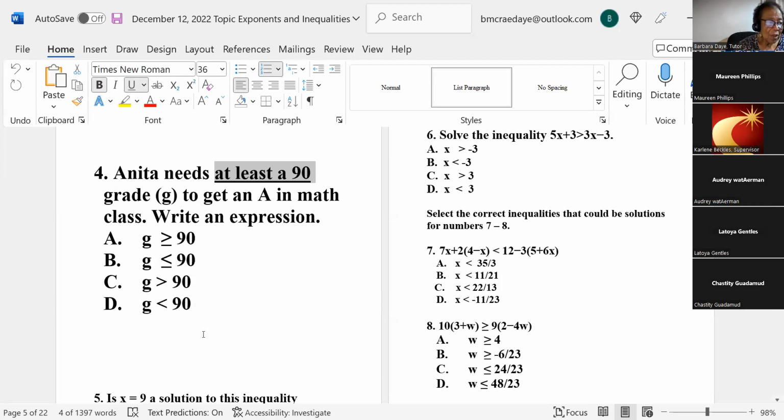It's a greater than sign. That's right. At least a 90 means greater than or equal to 90. The lowest you could get is 90, so it has to be 90 or greater.